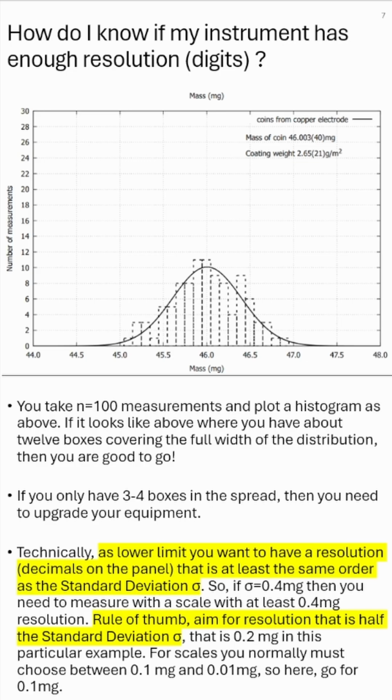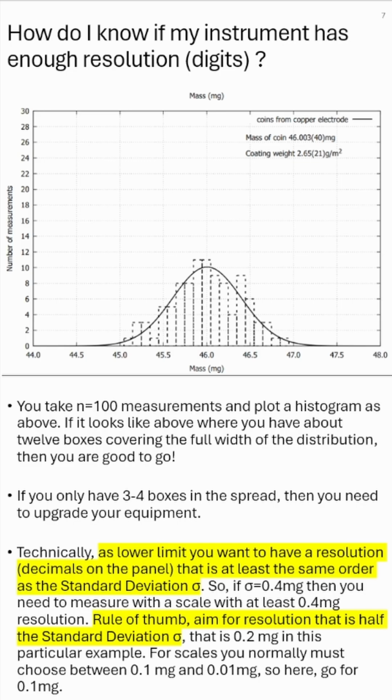But then we also have a rule of thumb. That was the lower limit that we can accept, but we should aim for the rule of thumb that the resolution should be half the standard deviation. So if the standard deviation was 0.4 milligram, we should aim for 0.2 milligram. Then that will be ideal. But in our example, that simpler scale already had 0.1 milligram, so it fits more than enough.